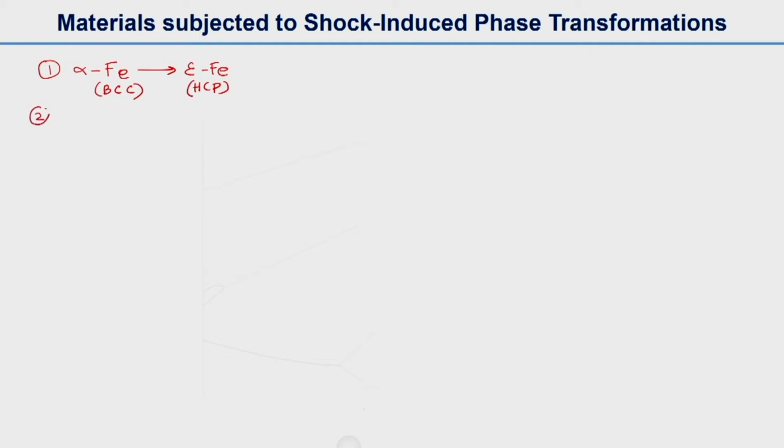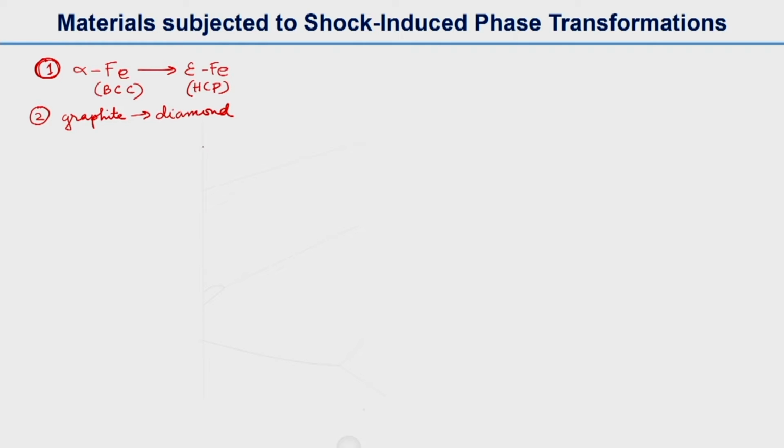The second example is the graphite to diamond phase transformation under shock loading. We will first talk about number one, alpha iron to epsilon iron.